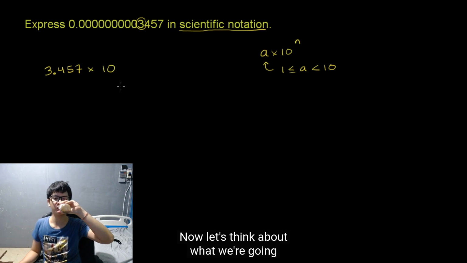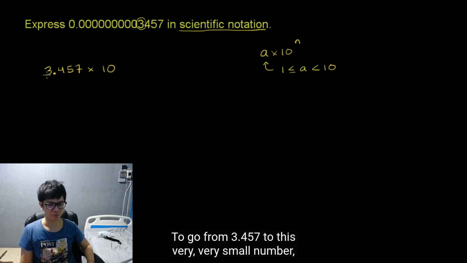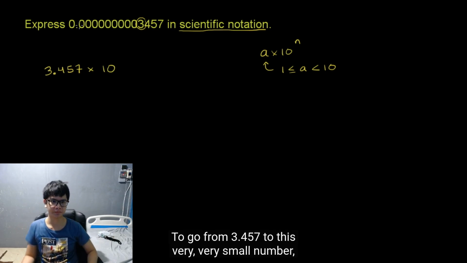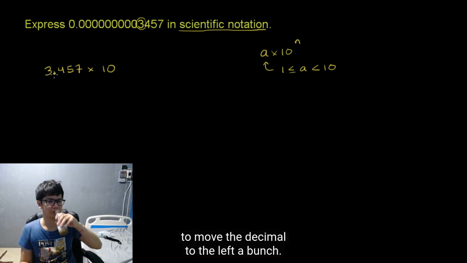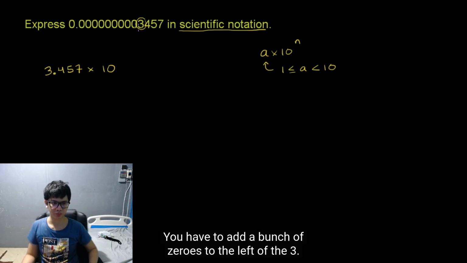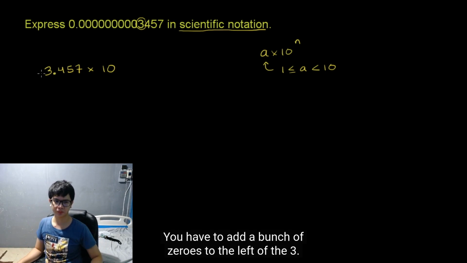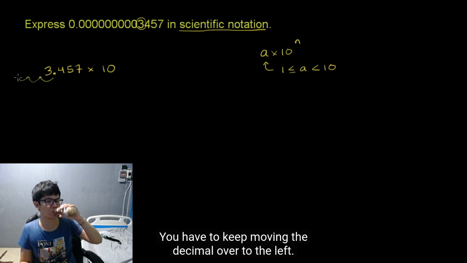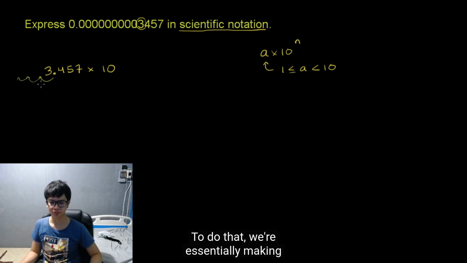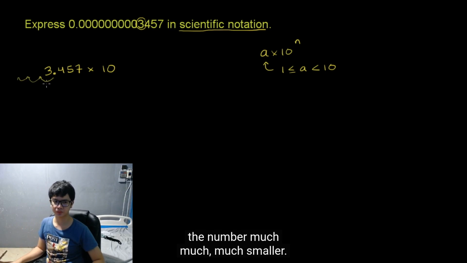Now let's think about what we're going to have to multiply it by. To go from 3.457 to this very, very small number, we would have had to move the decimal to the left a bunch. You have to add a bunch of zeros to the left of the 3. You have to keep moving the decimal over to the left. To do that, we're essentially making the number much smaller.